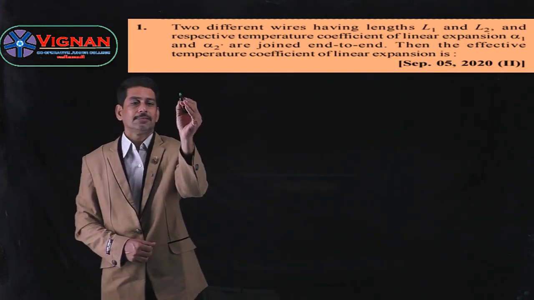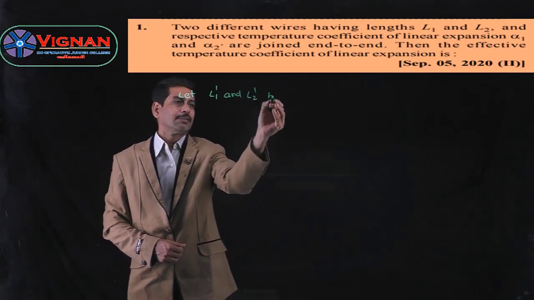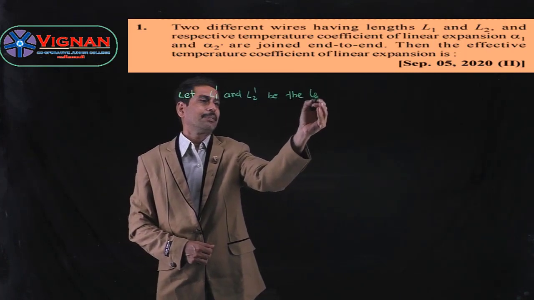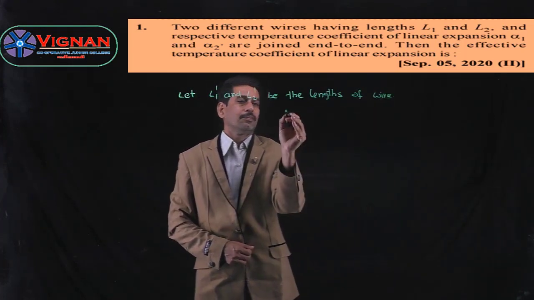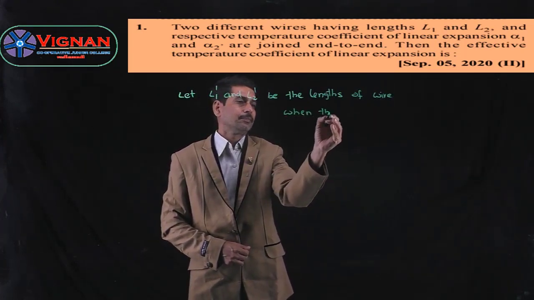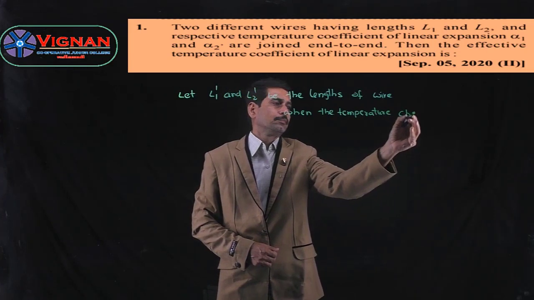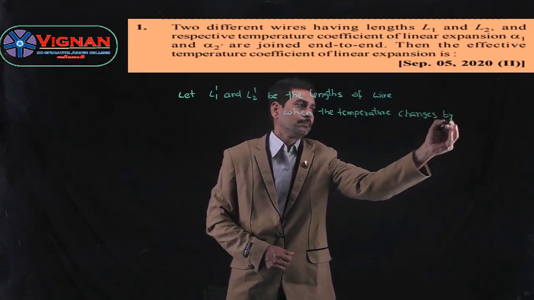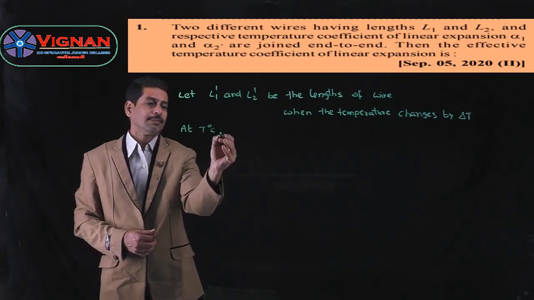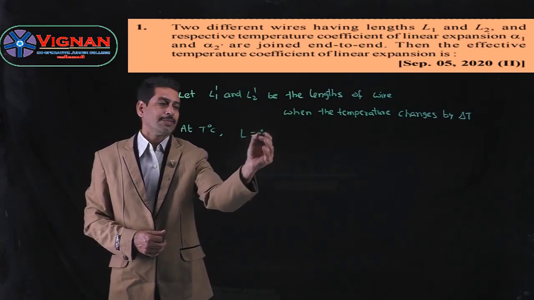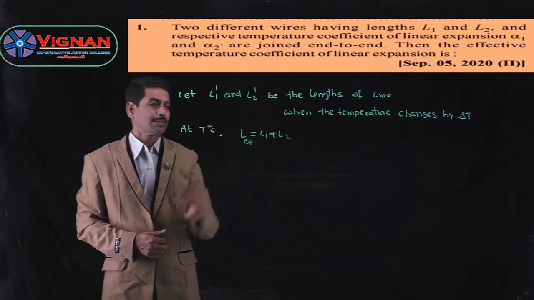So let L1 dash and L2 dash be the lengths of the wires when the temperature changes by delta T. So at T degree centigrade, L equivalent is equal to L1 plus L2.